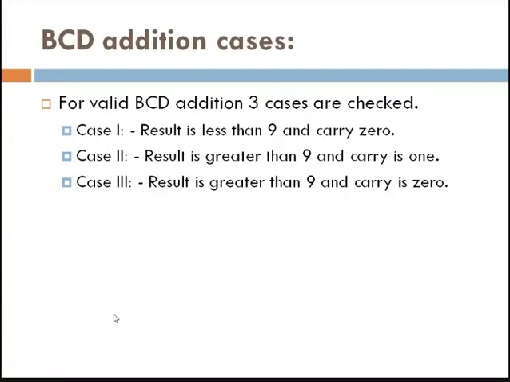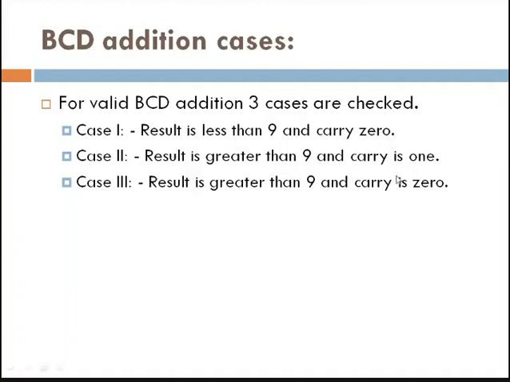The first case is if the result is less than 9 and carry is 0. In that case, your BCD number is considered a valid number. Then case 2: the result is greater than 9 and the carry is 1.